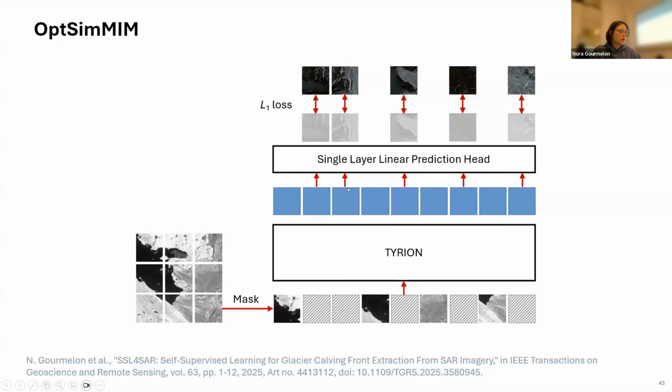Then from the outputs, we only take the tokens that correspond to the masked patches and feed them into a single layer linear prediction head, which again translates to an optical patch. So here we don't have just this translation from SAR to optical, but we also have this reconstruction task.